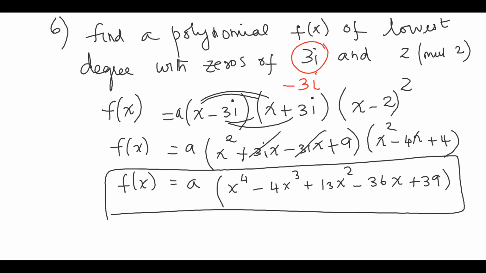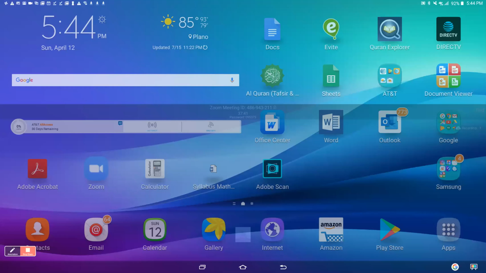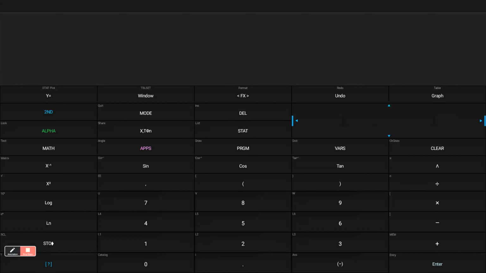So now I'm going to show the calculator. Sometimes if you want to just find the zeros of a polynomial, we can just enter the polynomial on our calculator. So I'm going to take problem number 3, which we have solved, and enter that on my calculator.